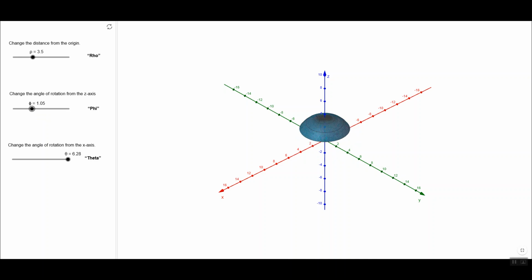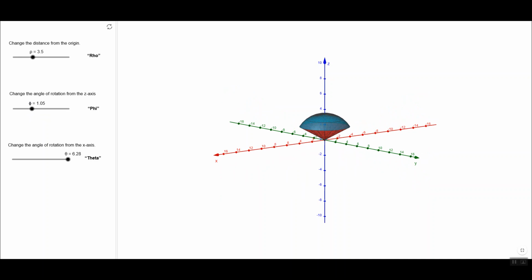Phi is actually the angle that is being made with the positive z-axis. If phi was like 45 degrees, then it just made this spherical wedge. We keep going.